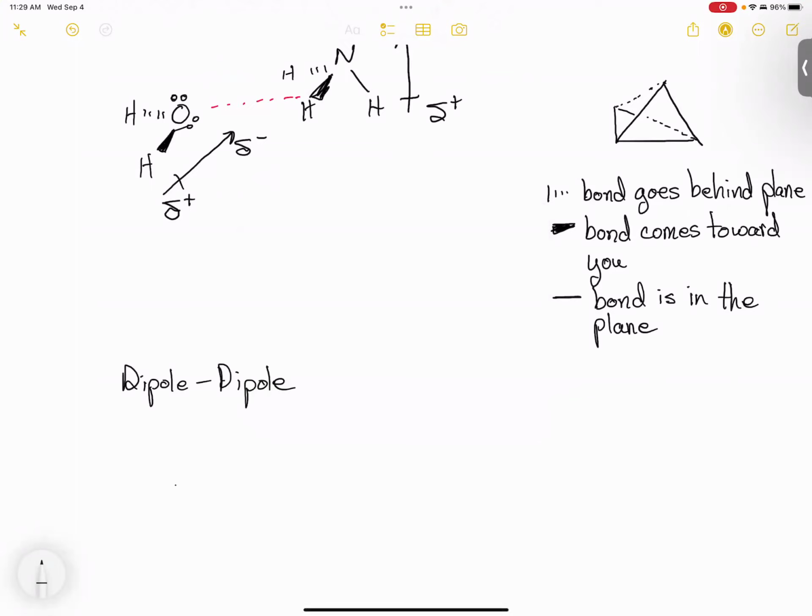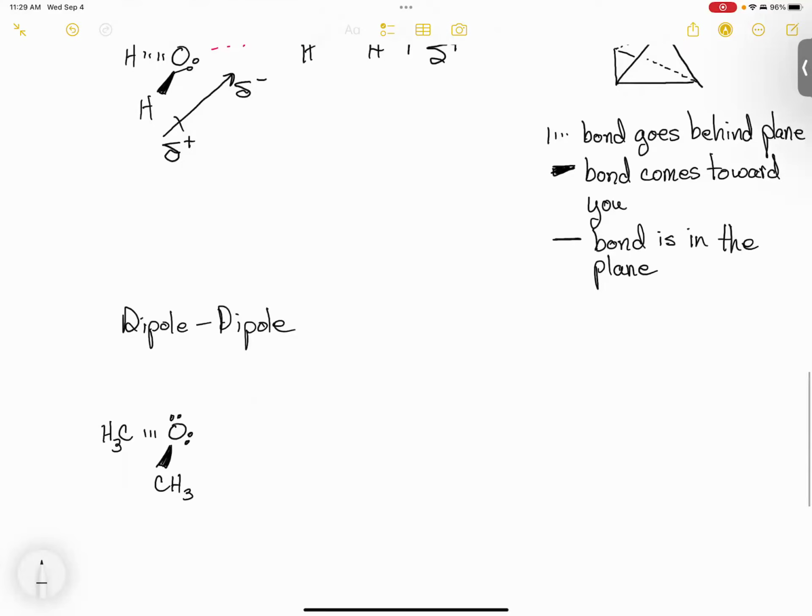Example, dimethyl ether is a lot like water. It does have a permanent positive and a permanent negative because it is a polarized molecule.